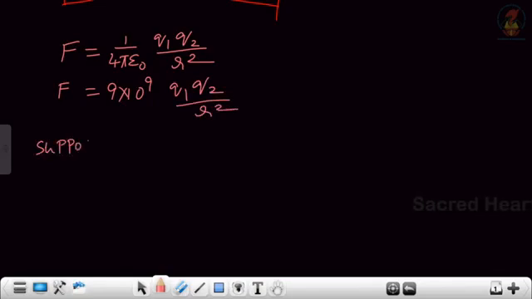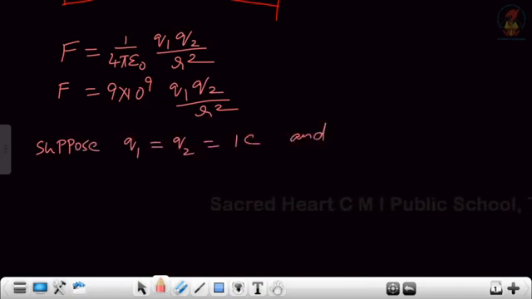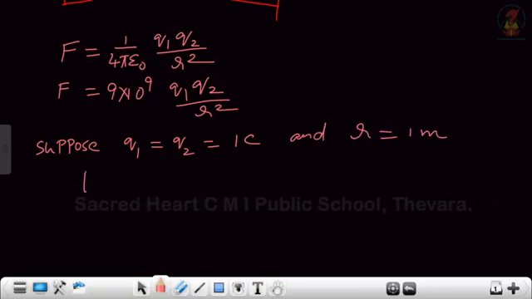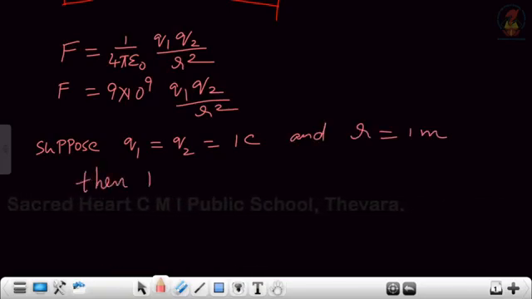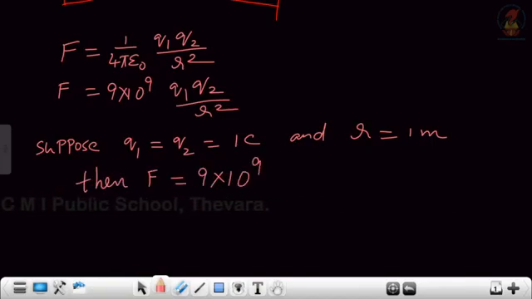Suppose q1 is equal to q2 is equal to 1 Coulomb and r is equal to 1 meter, then F is equal to 9 into 10 raised to 9 Newton. So, from this equation, we got F is equal to 9 into 10 raised to 9 Newton.